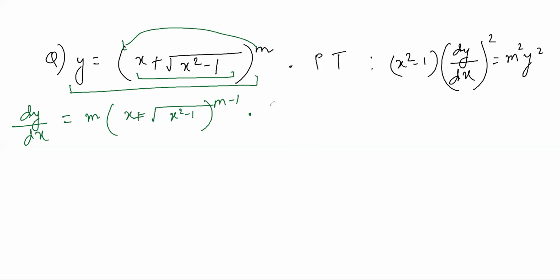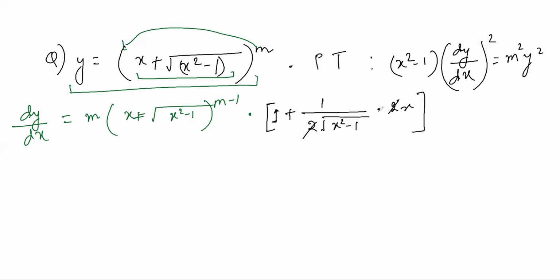The derivative of x will be 1, and the derivative of root over x square minus 1, I have told you the trick: just write 1 upon 2 times the exact thing, multiplied by the chain rule, that is the differentiation of x square minus 1, which is 2x. This thing I already taught you in the previous videos, how to quickly do this type of differentiation like a pro student. So just cancel this 2.